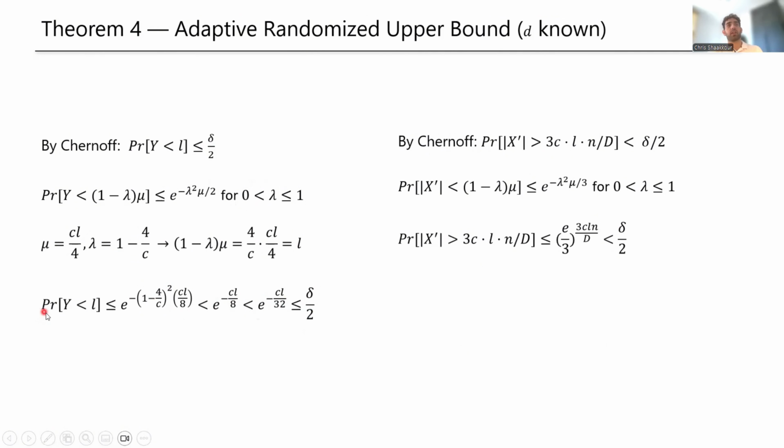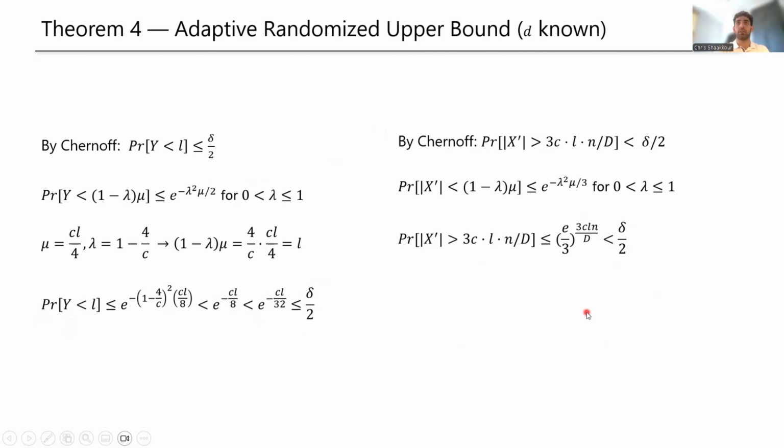So we have proven that the probability of Y, the sum of indicators of the number of defective items inside the group X prime, is smaller than delta divided by 2. We can do the same for the Chernoff bound and we get the same result.